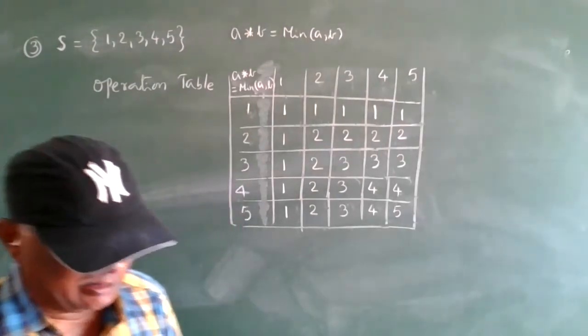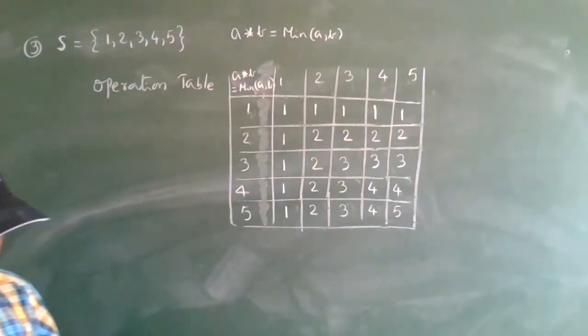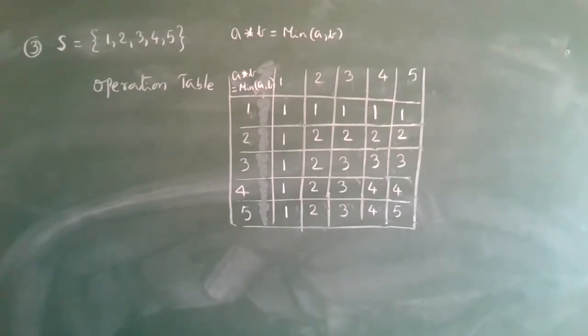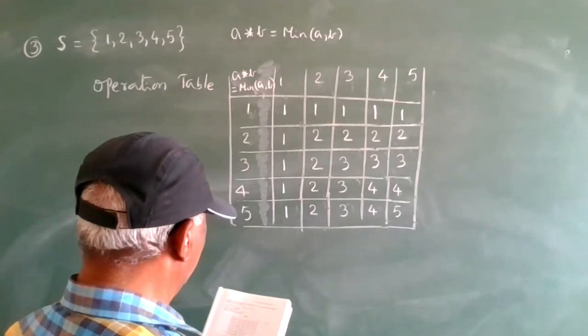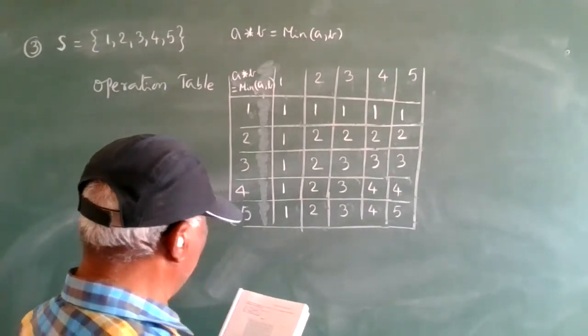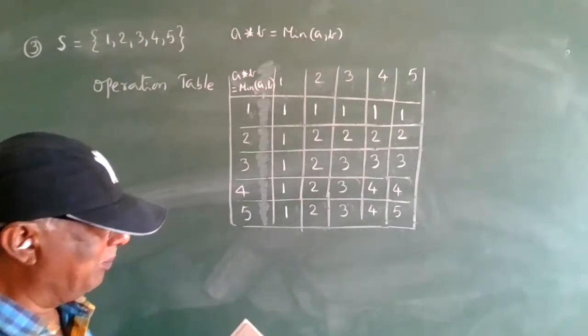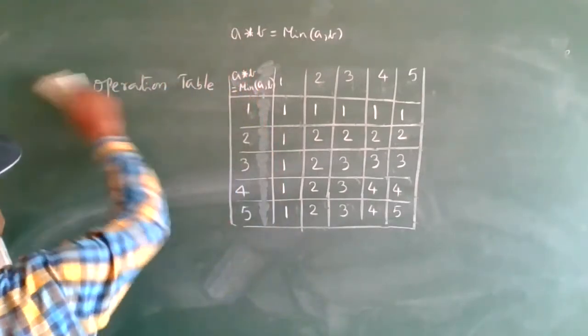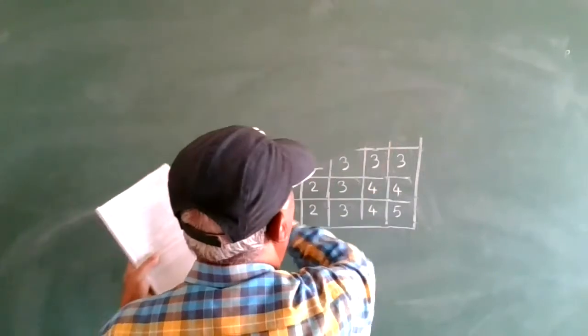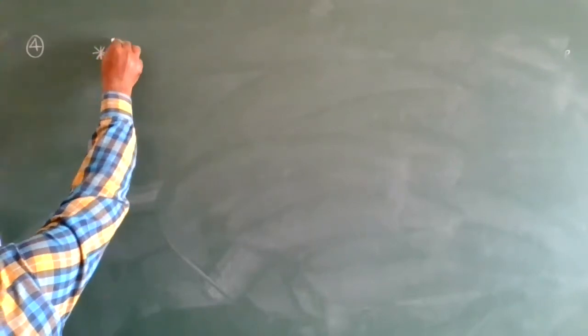Everyone see the fourth problem. First, write down the operation table. The table is already given for the fourth problem, where the operation is star.